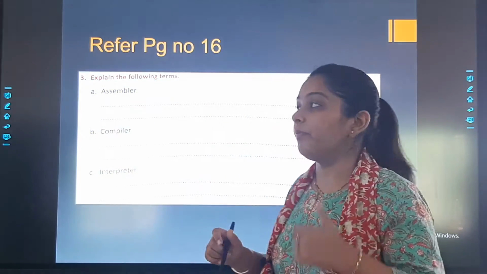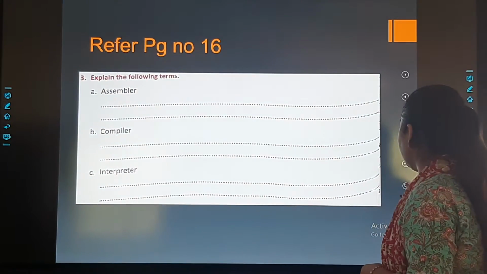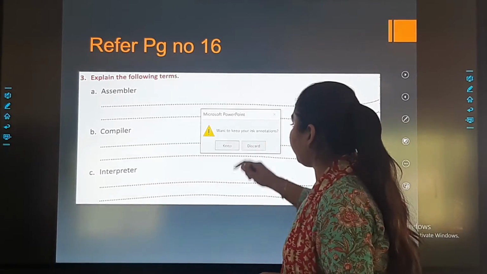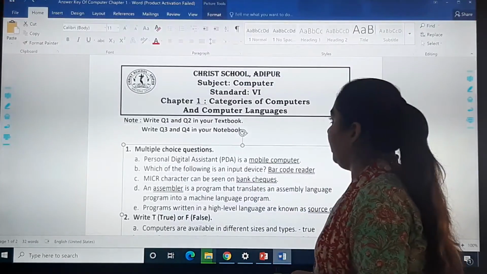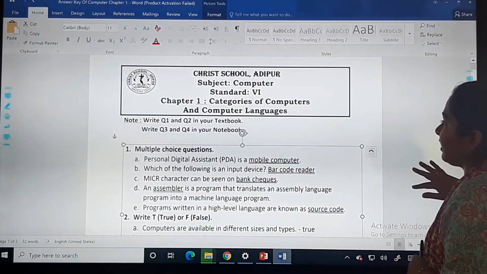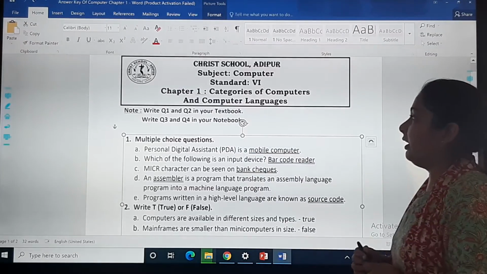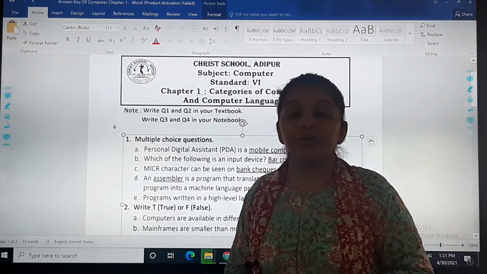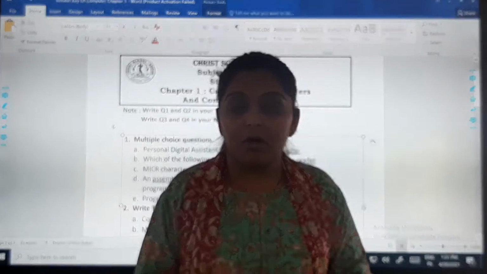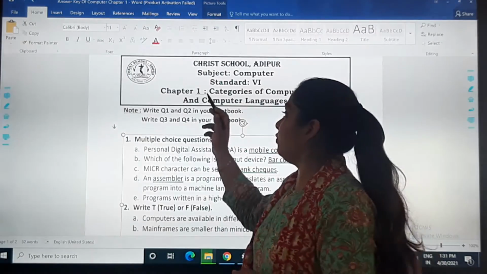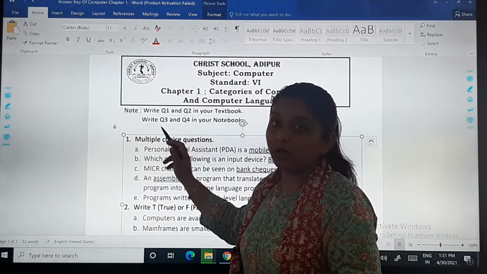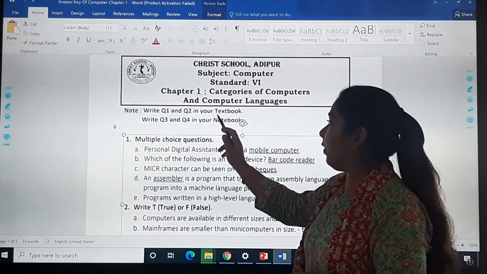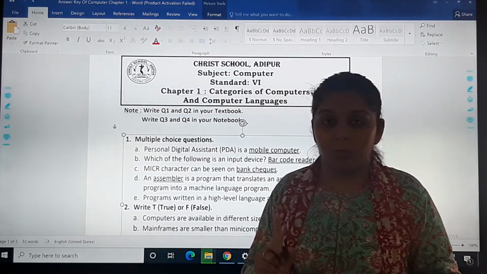Yes, dear children. Now let us see the answer key for this chapter. Here is the answer key for the first chapter, that is the categories of computer and computer languages. Dear children, whenever you are receiving the answer key, always pay attention to the note you are having here. Write question 1 and 2 in your textbook.